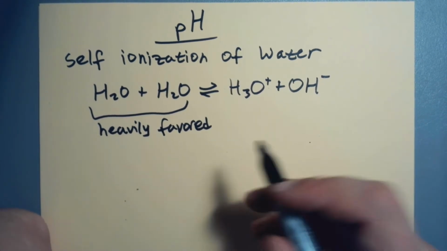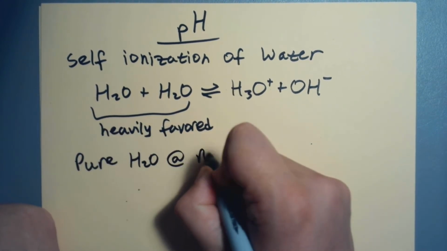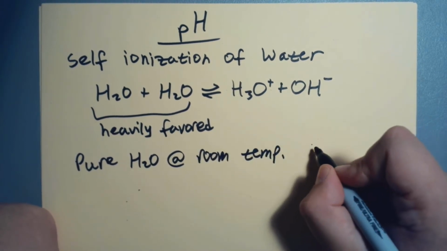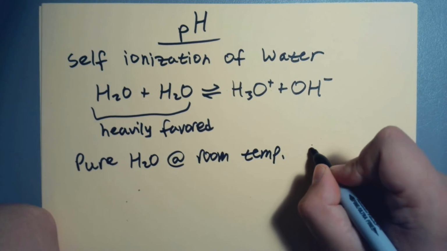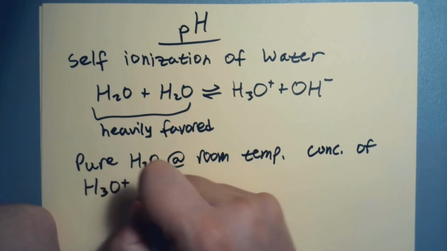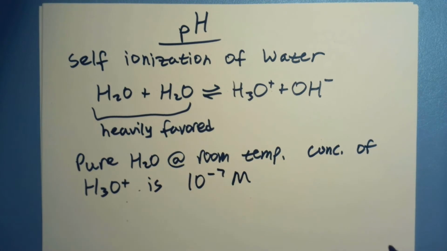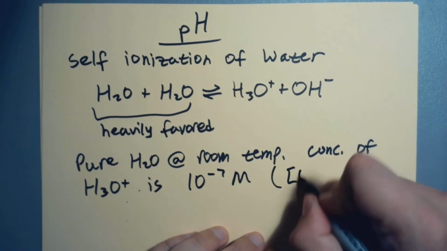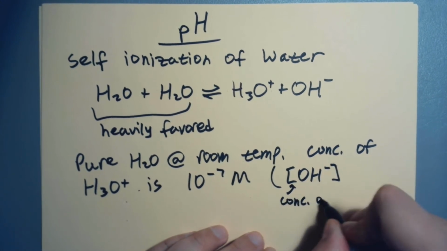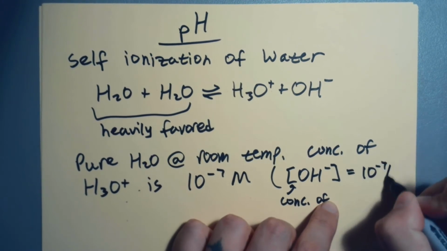So what does it mean? Well, if I just have pure water at regular room temperature, the concentration of H3O plus is 10 to the minus 7 molar, which means, and I'm going to introduce these square brackets now, that the concentration of OH minus is also equal to 10 to the minus 7 molar.